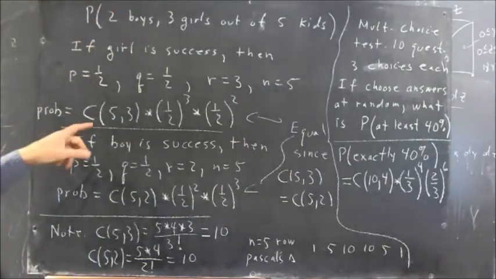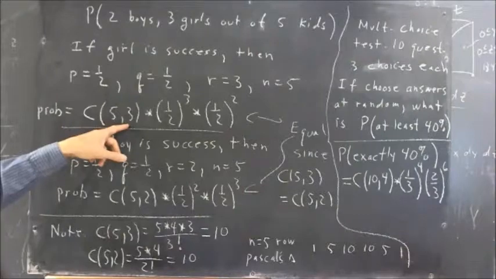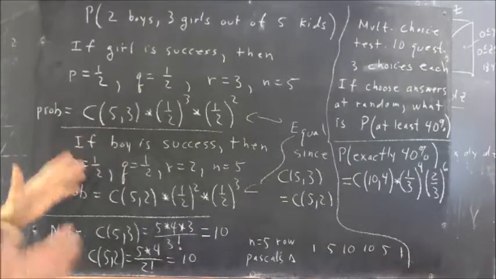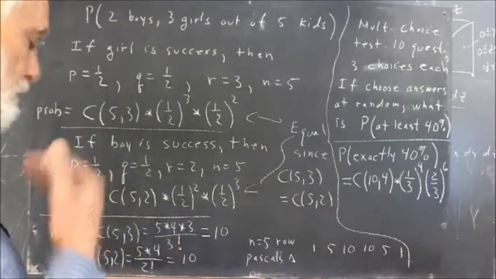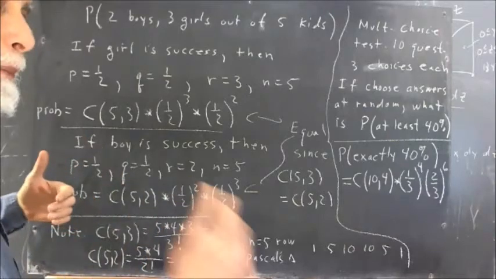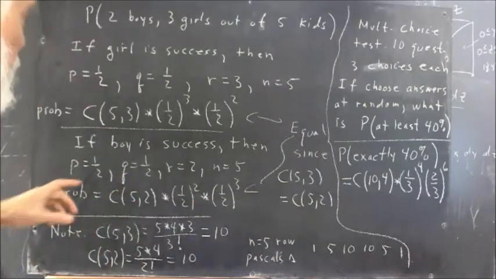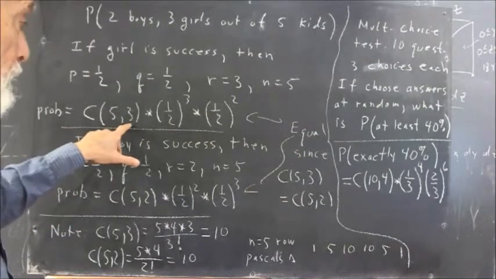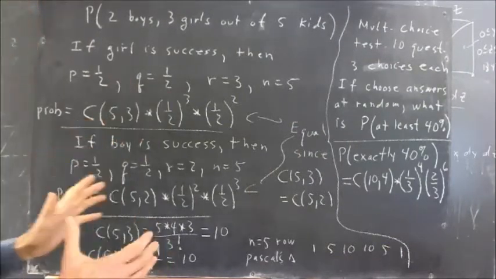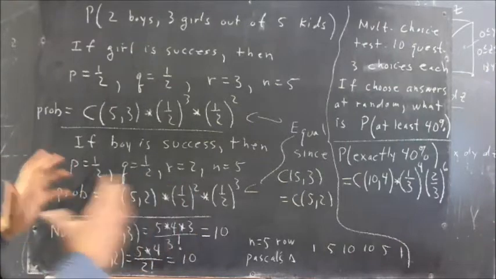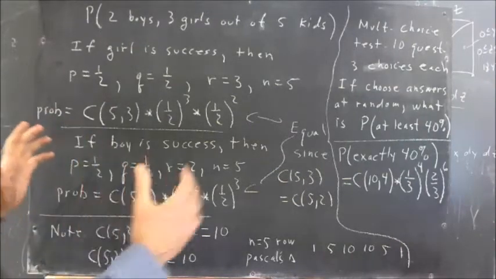So the probability is going to be C of 5, 3, the number of ways of distributing the 3 girls. Do you have girl, girl, girl, boy, boy, girl, boy, girl, boy, girl? How many ways are there to do that? Well, it's C of 5, 3. It turns out to be 10 possible ways the girls could be distributed among the 5 births.